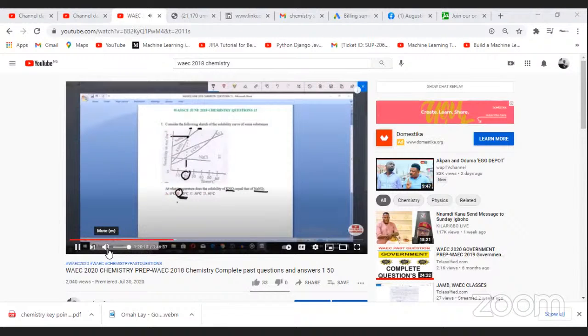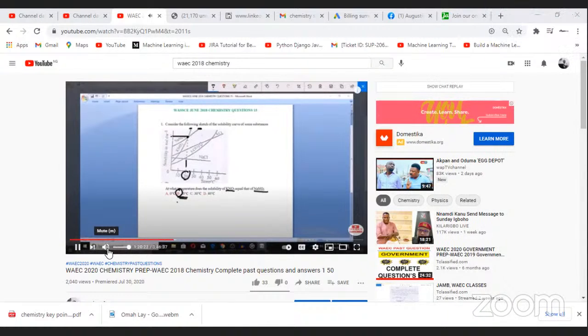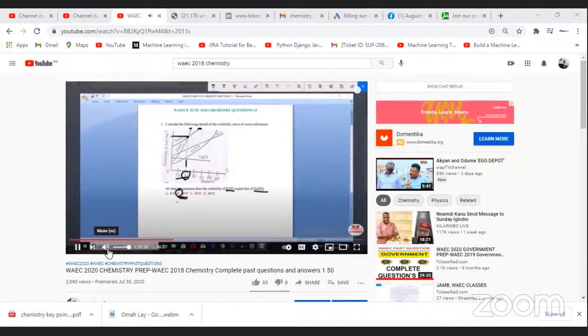Number 16. When salt is added to a saturated solution, the salt: A, dissolves and the solution becomes supersaturated. B, dissolves and the solution becomes unsaturated. C, precipitates and the solution remains unchanged. D, dissolves and the crystals are formed.